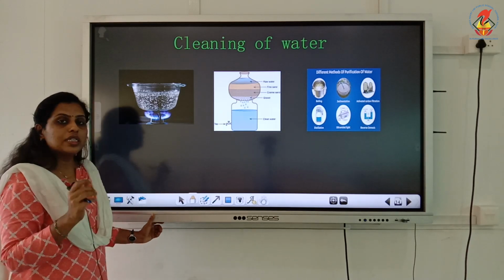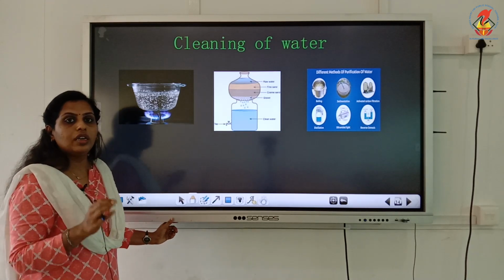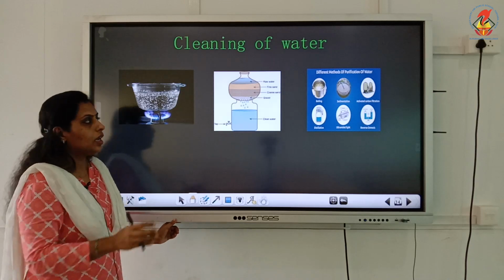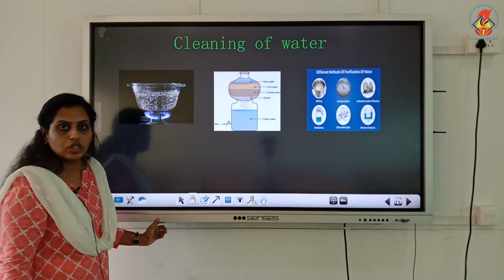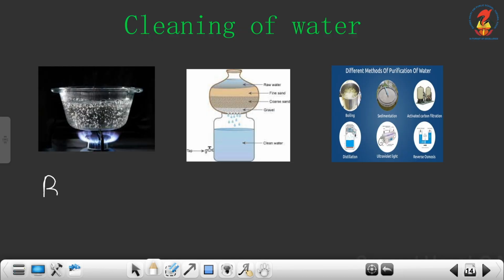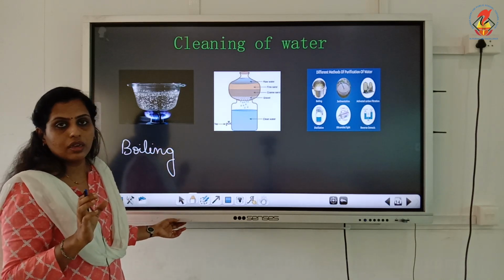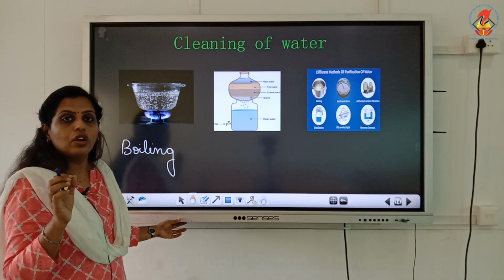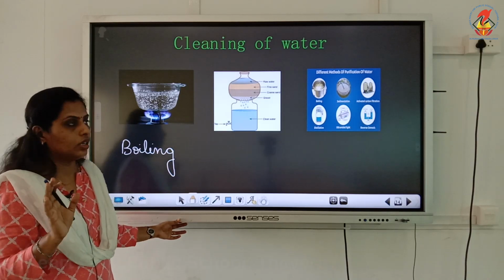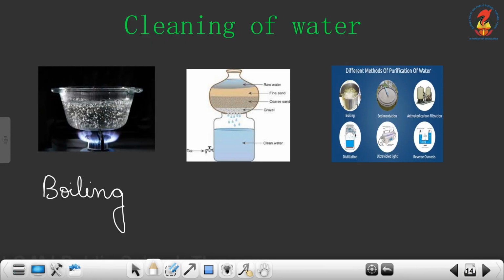So, boiling is the best method to clean impure water, and it is the common method we use. What will happen when you boil the water? It will kill the bacteria and germs in the water, and it will be good for us to drink the boiled water. Next one is purification.